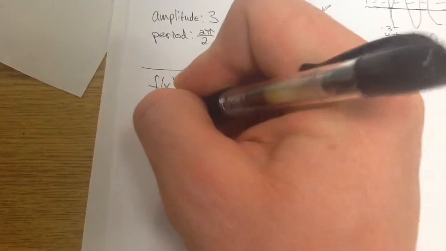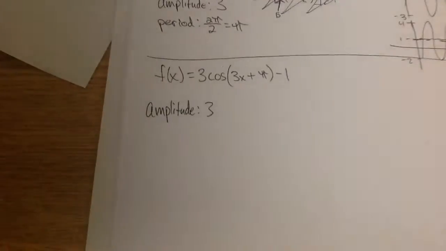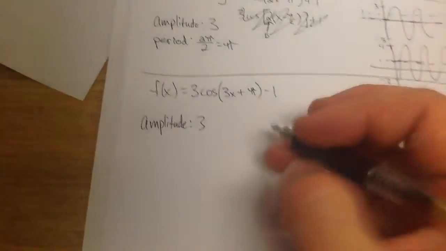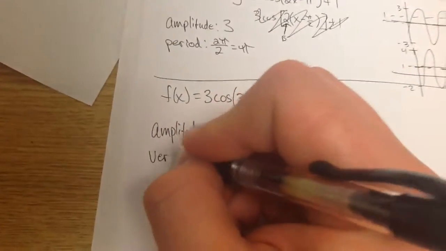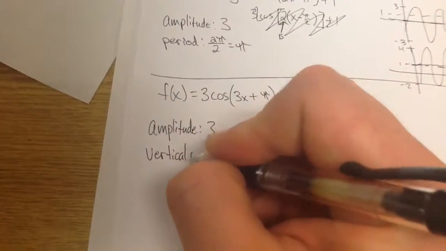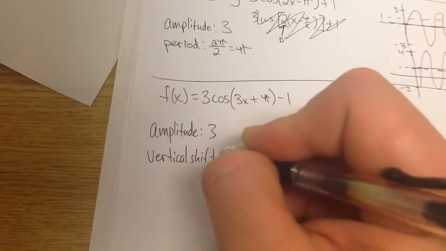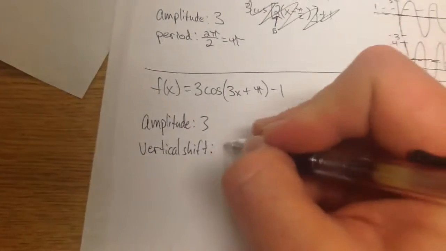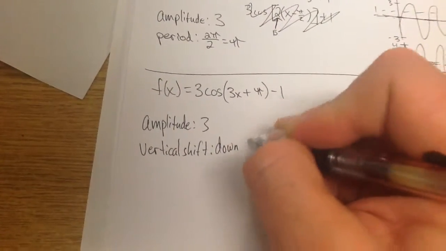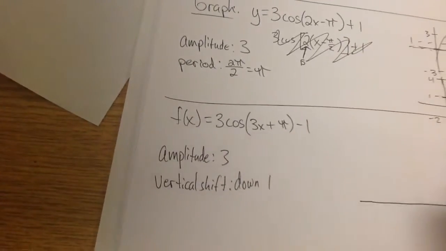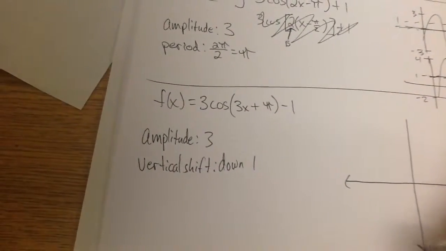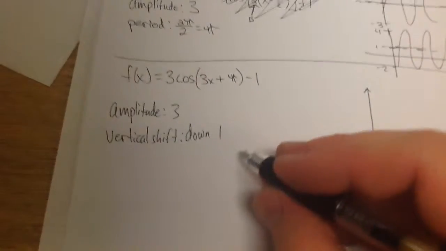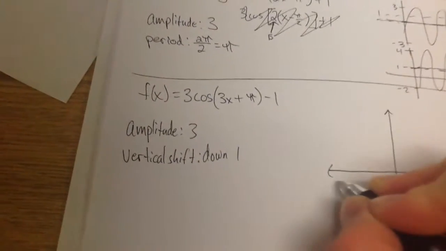Amplitude. Just the number in front. It's 3 again. Let's go ahead and do the vertical shift right now and set up our axes. That seems to be the easiest. It's going to be down 1, right? The negative 1 back here is down 1. So draw this. It's down 1, so your center line is going to be down here at negative 1.